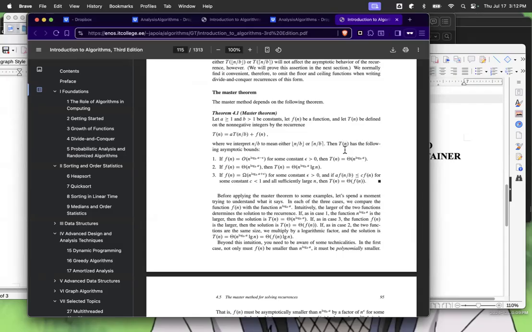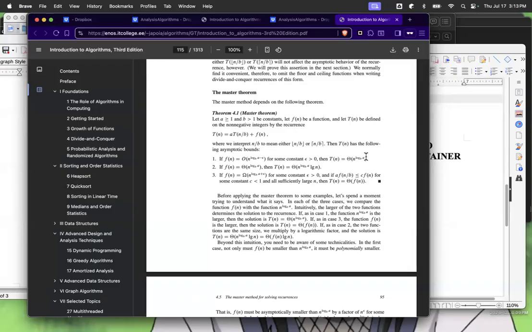Then T(n) has the following asymptotic bounds. If f(n) = O(n^(log_b a − ε)) for some constant ε > 0, then T(n) = Θ(n^(log_b a)).